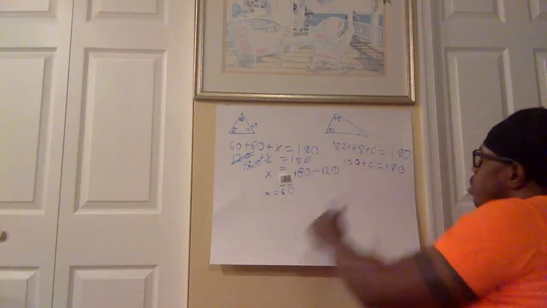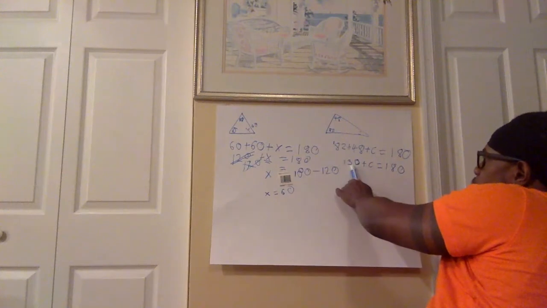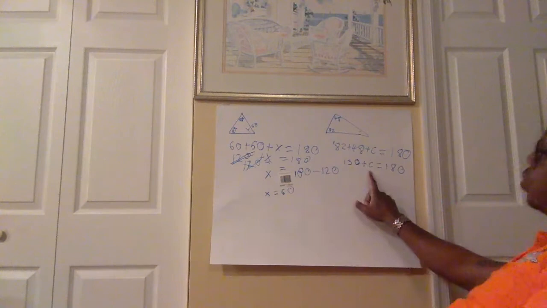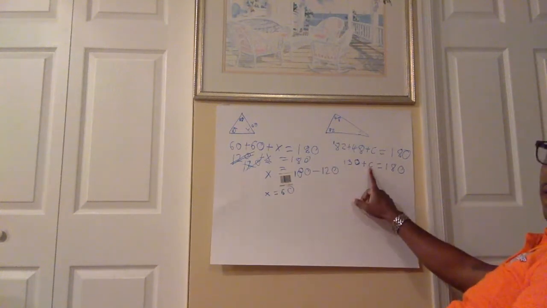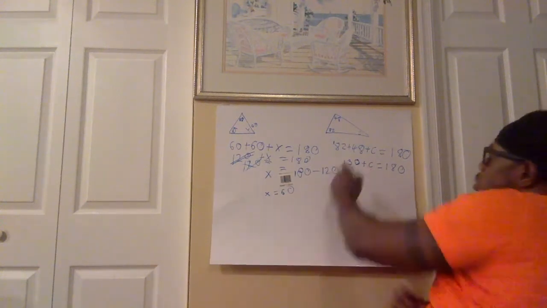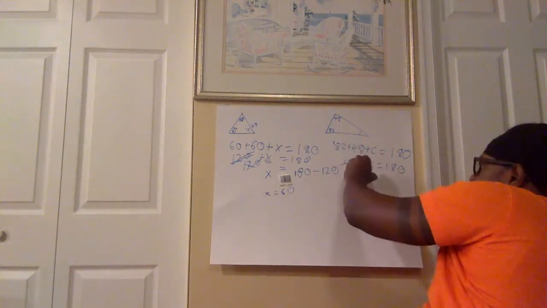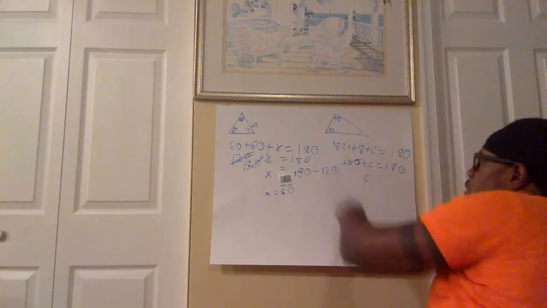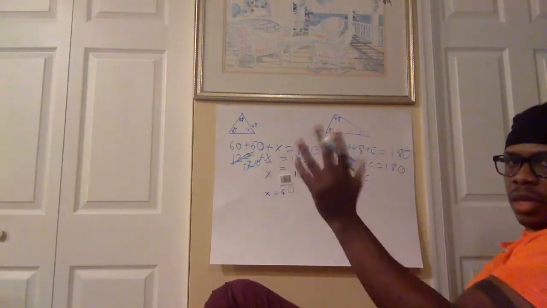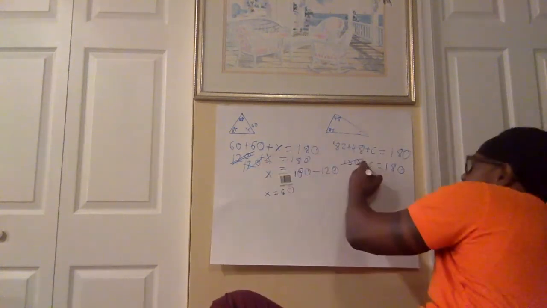Now, we have a number and a letter. What we need to do is get the letter by itself. So we take away that number. Whenever we take away on one side, we have to do the same thing on the other.